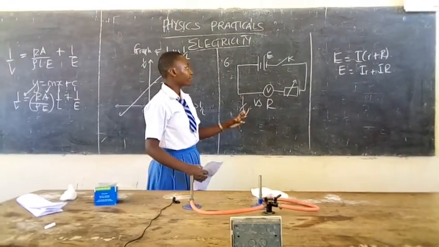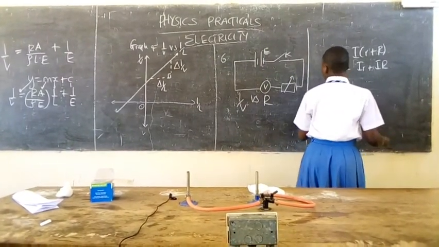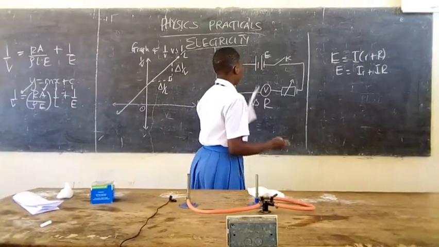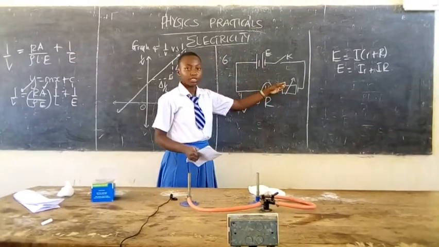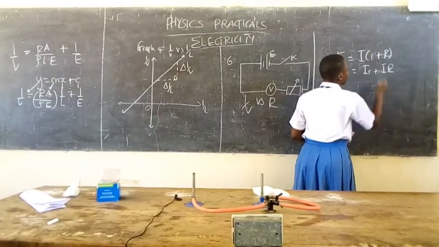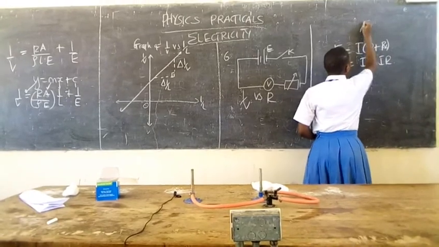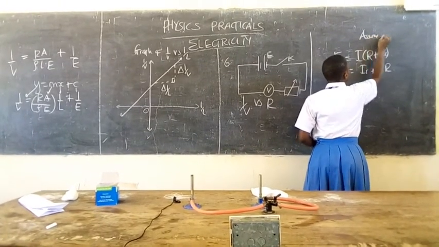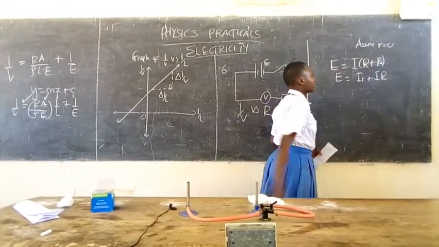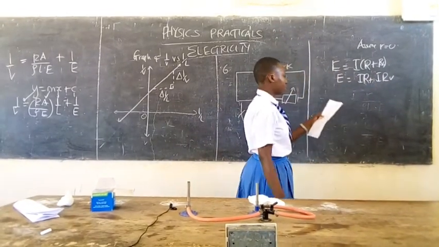So we have the R from this rheostat and the R from V. That is R and RV. Here we assume r equals 0, which is the internal resistance. Then from here, we do like this.